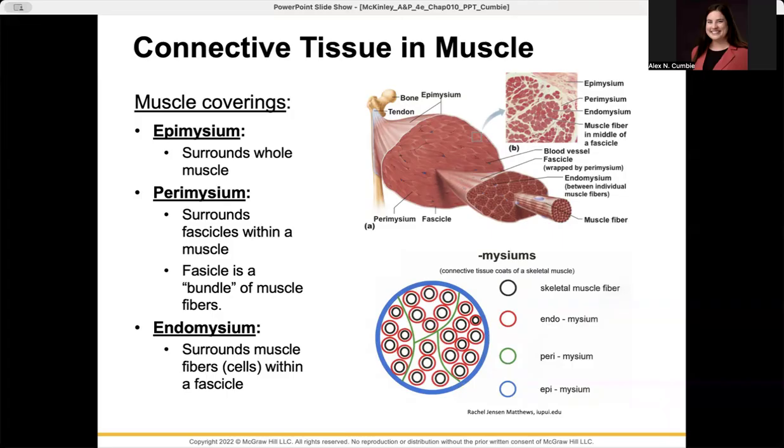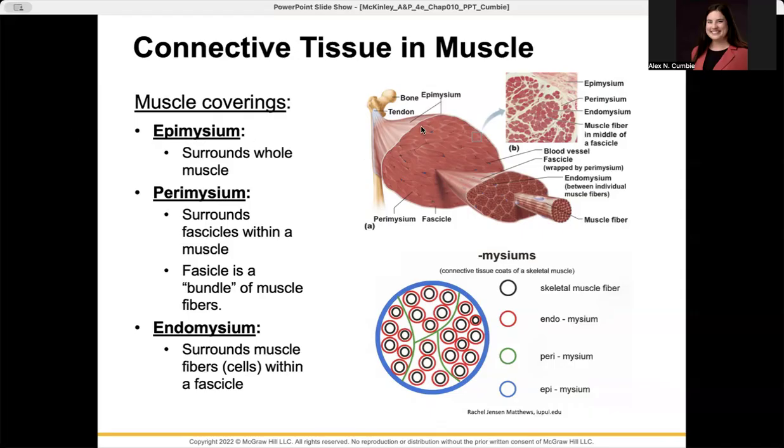If we remember, those are called periosteum and endosteum. Not too different when we get to muscle. Of course, we're going to have a different root word here, mys, right? For epimysium, perimysium, endomysium, that mys is the root word, and that means muscle.